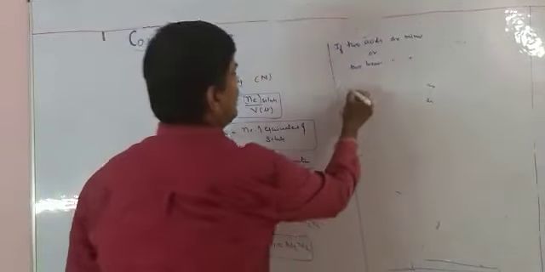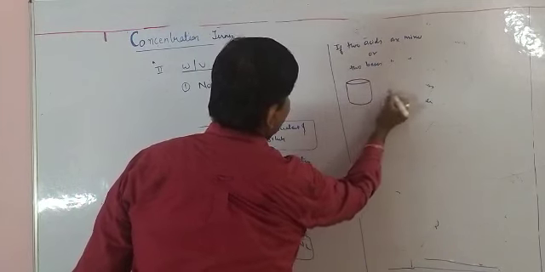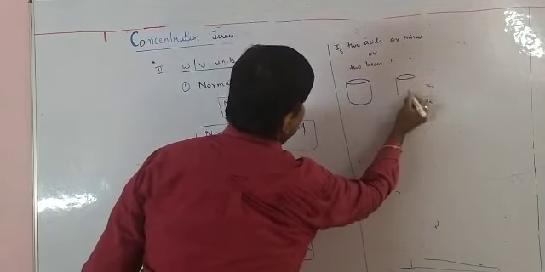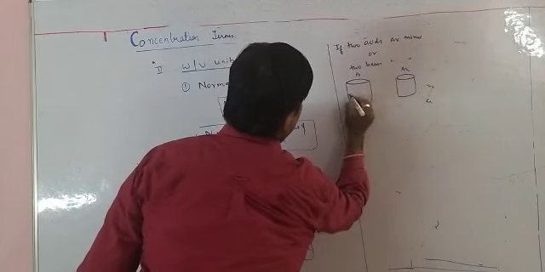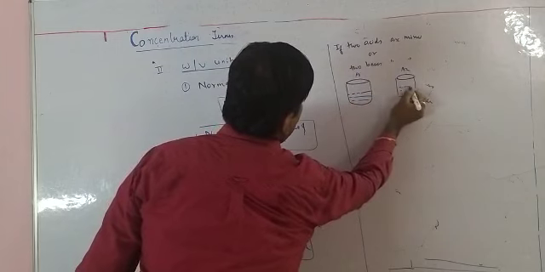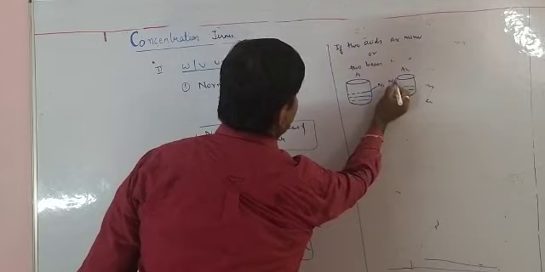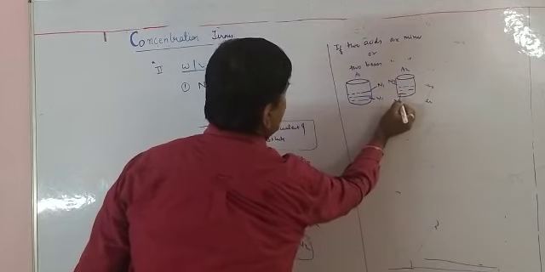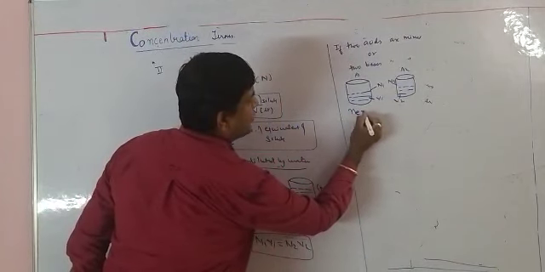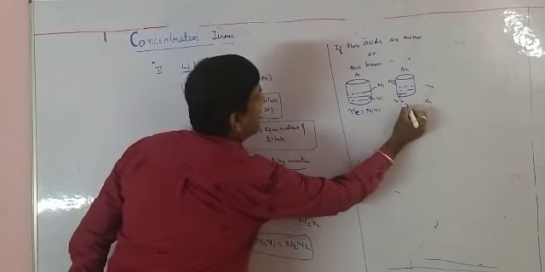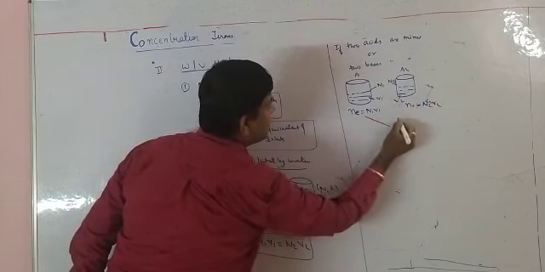Now in this case, this is acid 1, this is acid 2. Its normality is N1, its normality is N2, its volume is V1, its volume is V2. So the number of equivalents in this case is N1V1 and in this case is N2V2. What we are doing, we are mixing both.